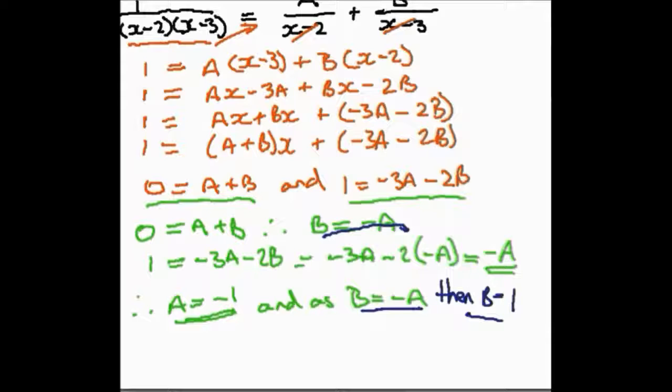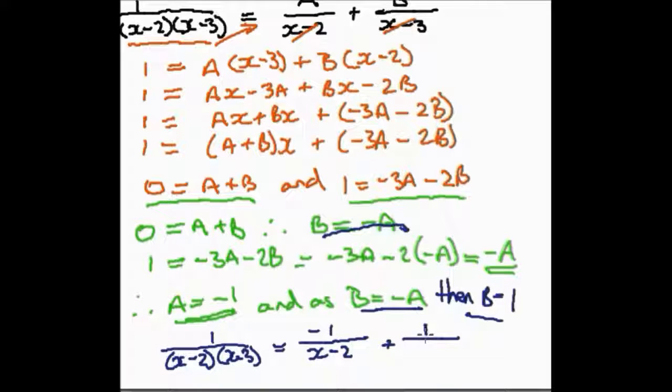Now I think I can put that into the first equation. 1 over (x minus 2)(x minus 3) equals minus 1, that was our A, over x minus 2, plus 1 over x minus 3, there's my B. And in the next video I'll show you how to do that using the substitution method.